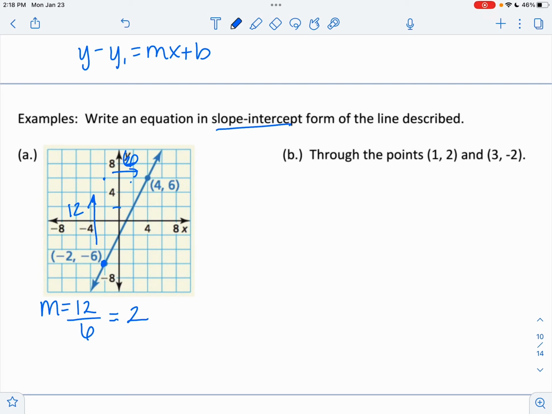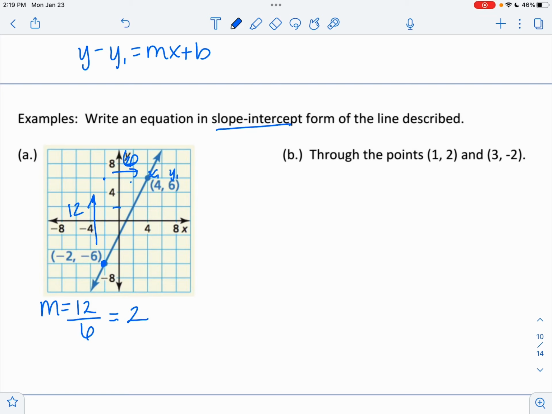So once I know what my slope is, I'm going to use one of the points. Now I know they gave us 2 points, but I'm going to use one of the points. It does not matter which point you use. I'm going to use the (4, 6) point just because I like it when the numbers aren't negative. If I don't have to deal with negative numbers, I will usually choose not to.